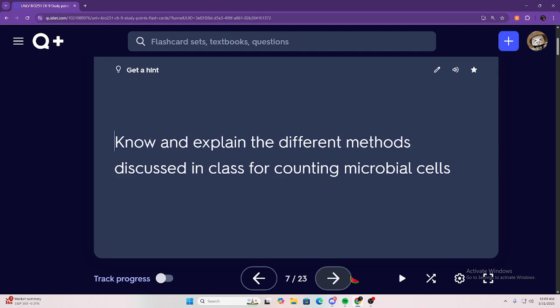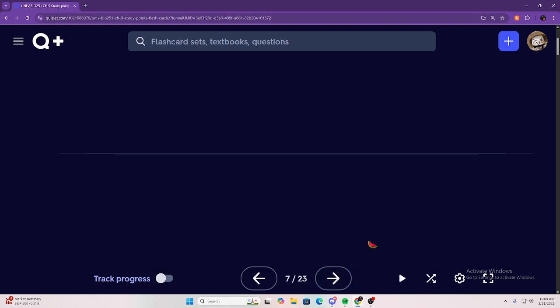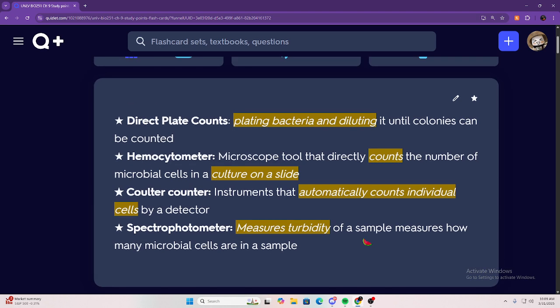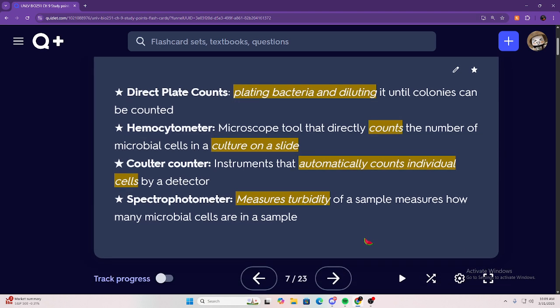Now explain the different methods discussed in class for counting microbial cells. So direct plate counts. Direct plate counts is where you get a bacteria and you plate it onto an agar plate, and you do that over and over again to dilute it until you can count the colonies on the plate.